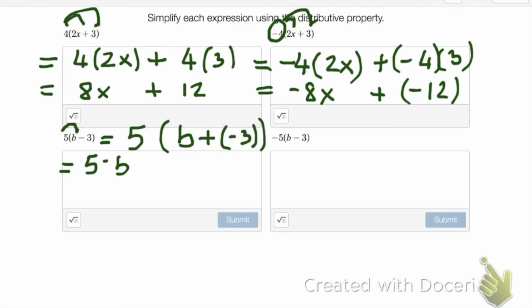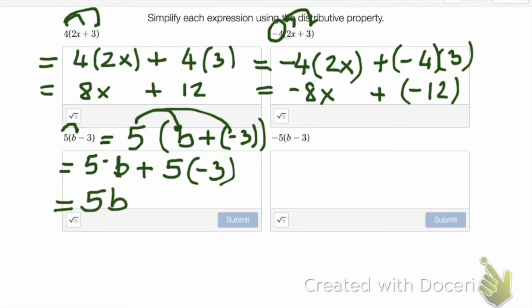Okay, so we have 5 times b. We're done with the first term. The second term is 5 times negative 3. Are you with me? Yes. So 5 times b equals 5b. 5 times negative 3 equals negative 15. And we put the addition down.